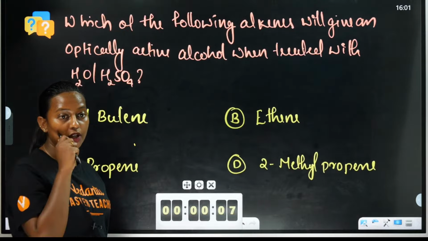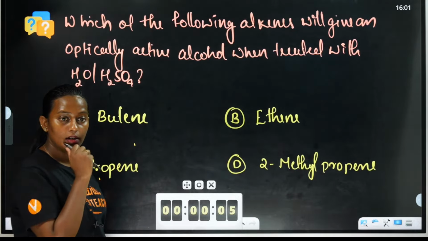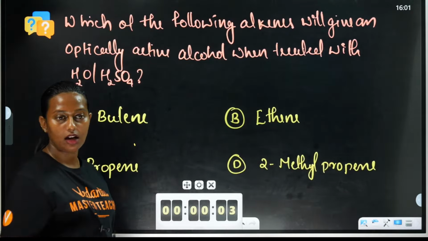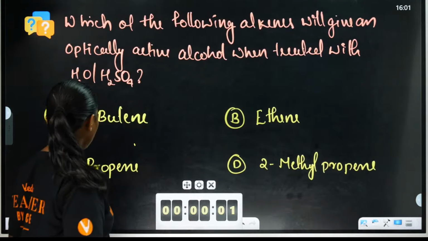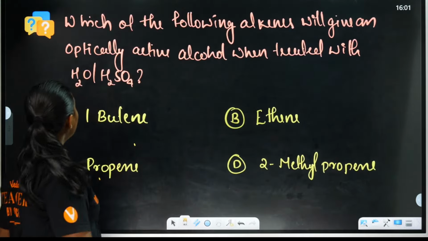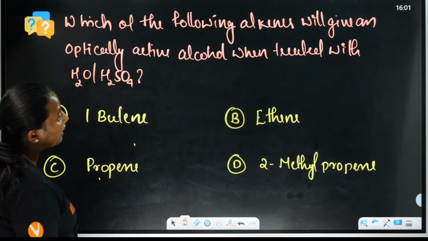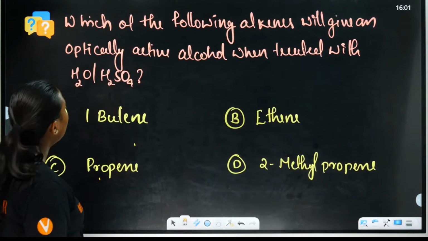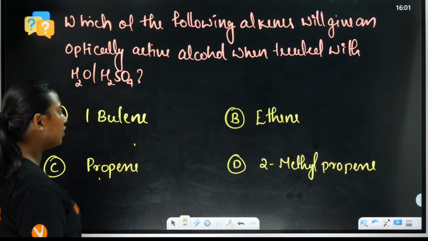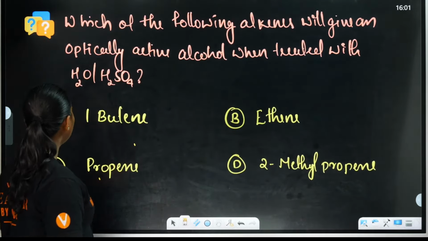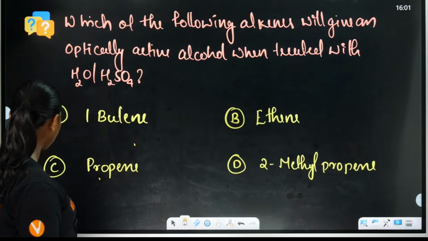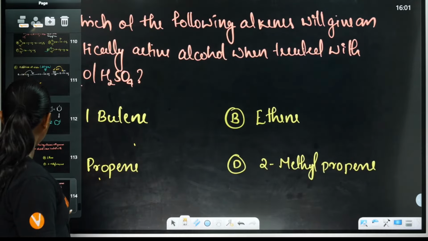என்னடா பிரமிகா புரியலை. ஓகே, time up. So which of the following alkenes will give optically active alcohol when treated with H2O? So optically active alcohol தான் கிடைக்கணும்.